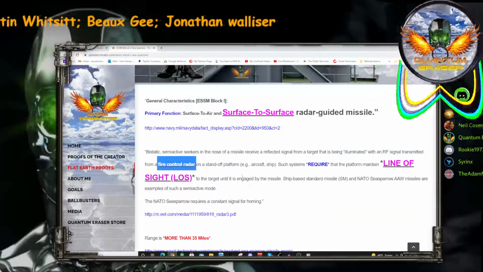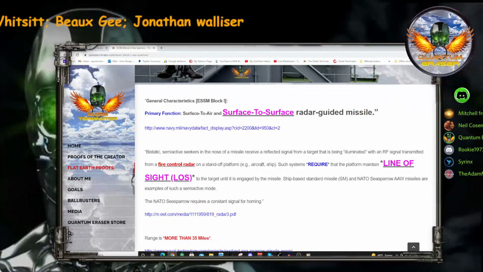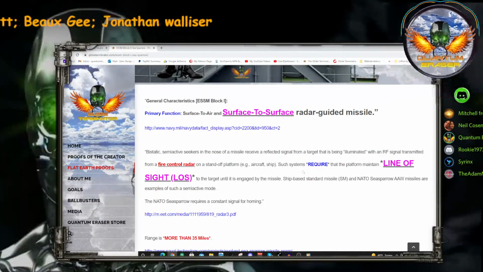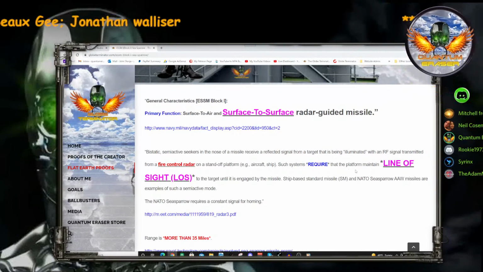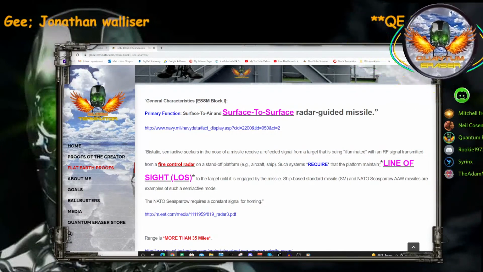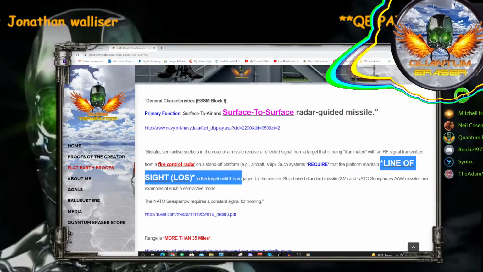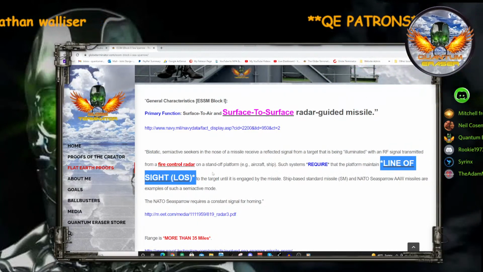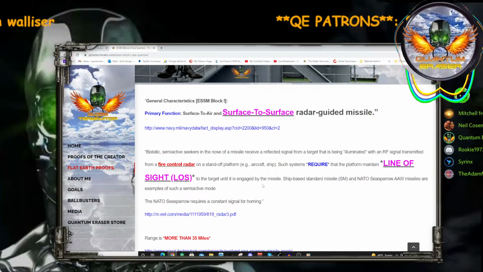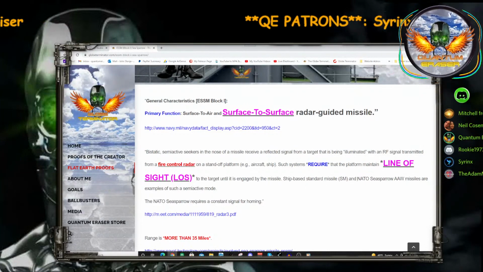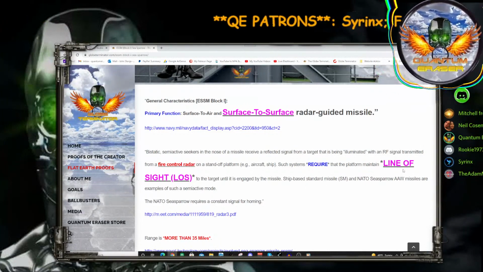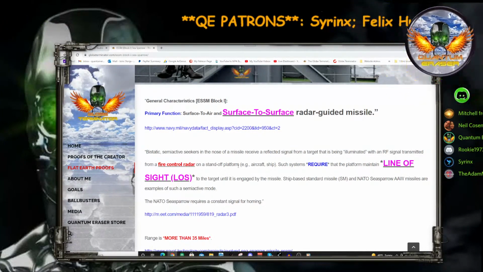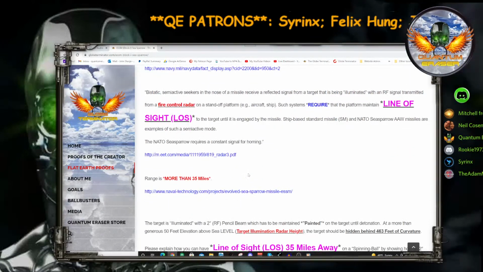On a standoff platform, aircraft, or ship, such systems require that the platform maintain, this is key, line of sight to the target until it is engaged by the missile. Ship-based Standard Missile, SM, and NATO Sea Sparrow AAW missiles are examples of such a semi-active mode.